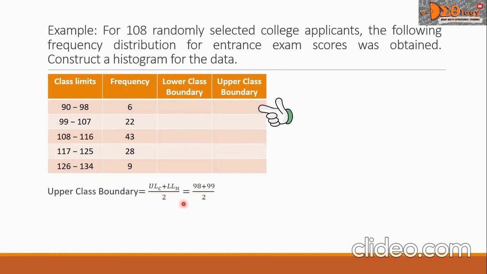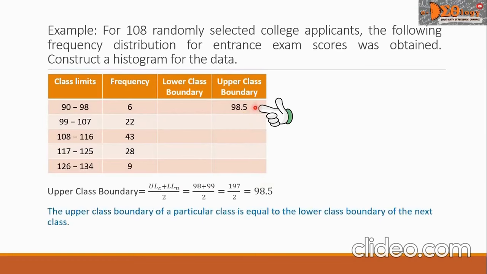It means the upper limit is 98 plus the lower limit of the next class, which is 99. So we see here 98 plus 99 divided by 2, we have 197 over 2, that is equal to 98.5. We will copy this value on this blank, and there we go.